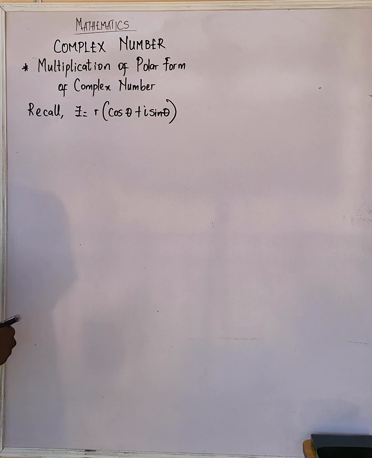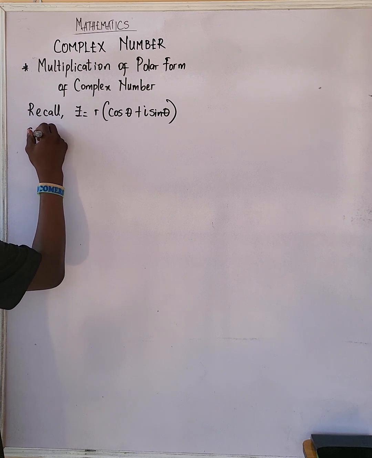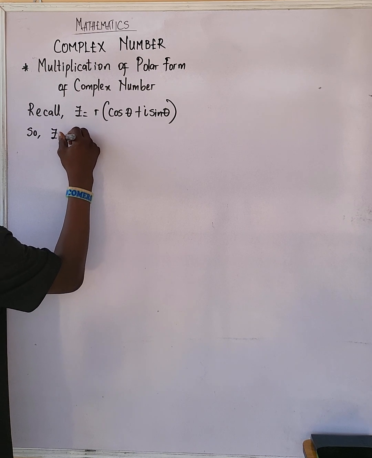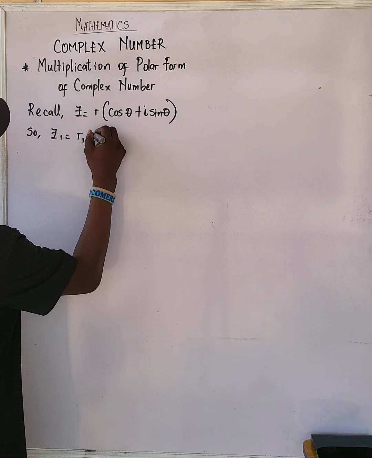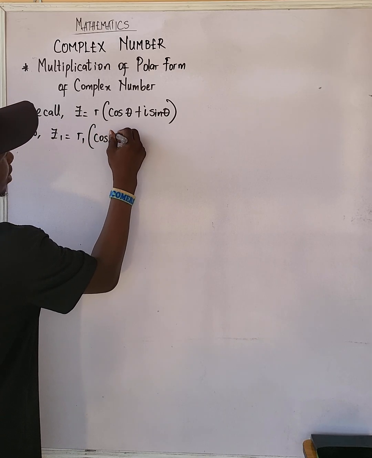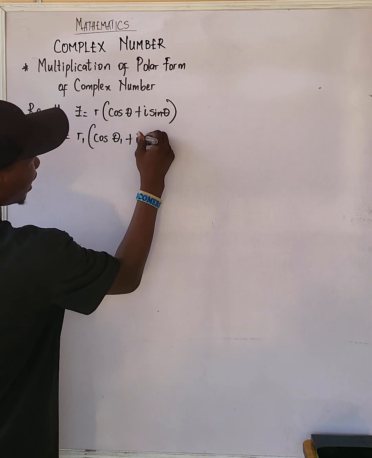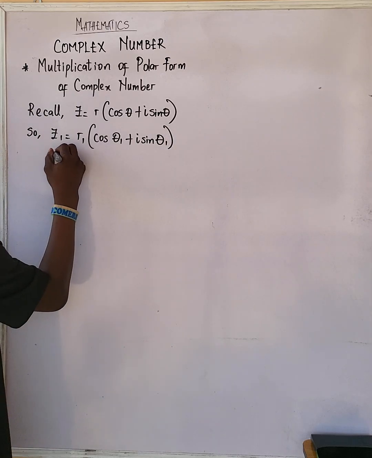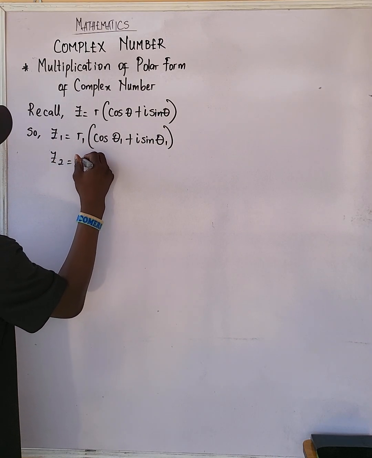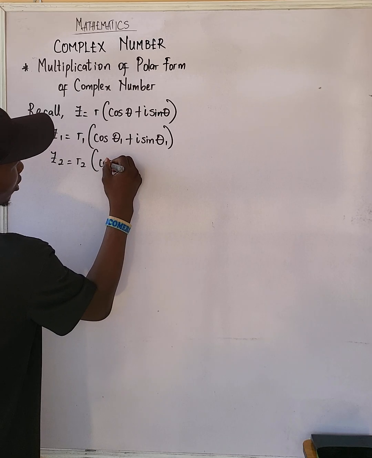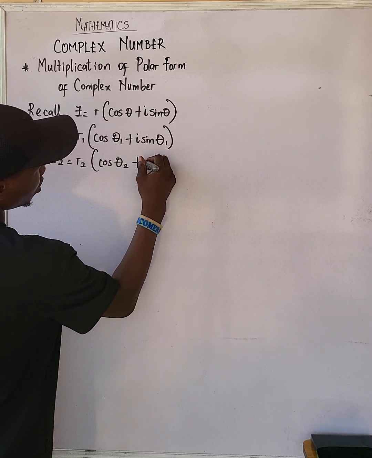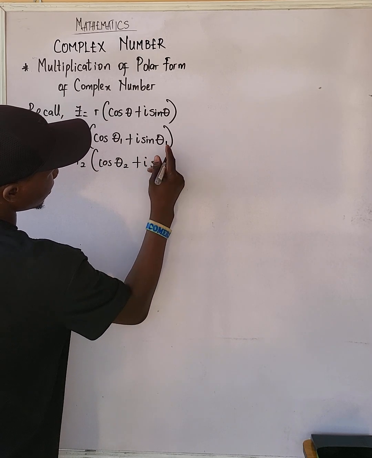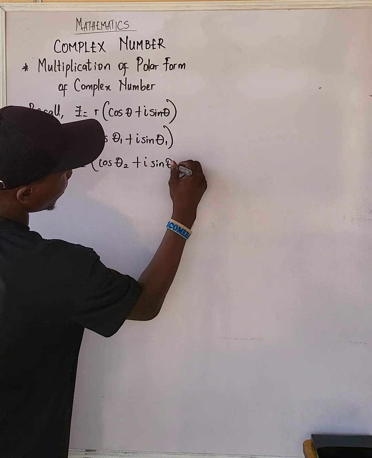Now, if you have Z1, it will be equal to R1 into bracket cos theta 1 plus i sin theta 1, right? Then what will be Z2? Z2 will be R2 cos theta 2 plus i sin theta 2, right?